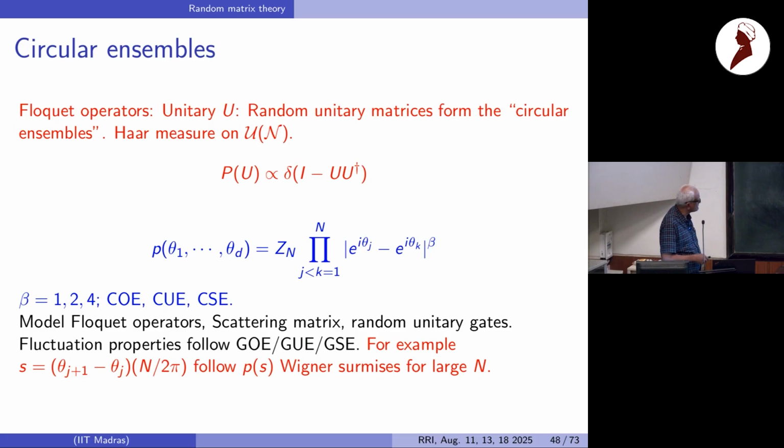So you just scale it like that, it will follow the spacing distributions of the Wigner surmise for large N, so for the Gaussian ensembles. So although the circular ensembles differ in important ways, as far as fluctuations like nearest neighbor spacing distribution or even the eigenstates are concerned, they are the same as that of these Gaussian ensembles as well.